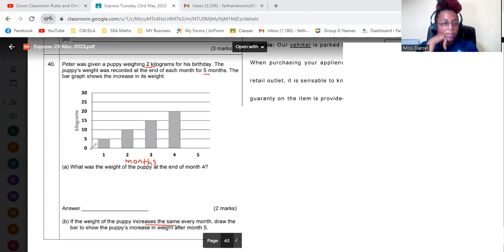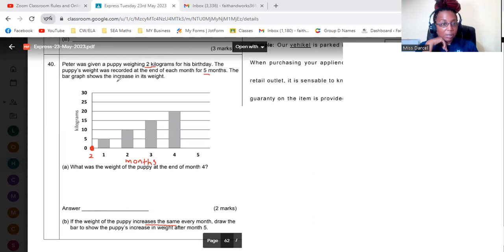So at 0 month, the puppy was already 2 kilograms. Yes, that's what it says here. When he got the puppy, it was at 2 kilograms. So it's already 2 kilograms here.